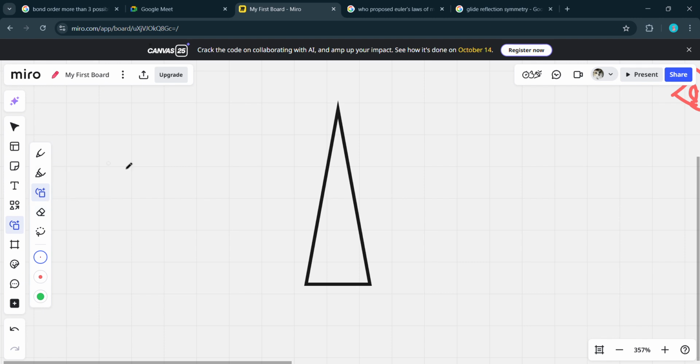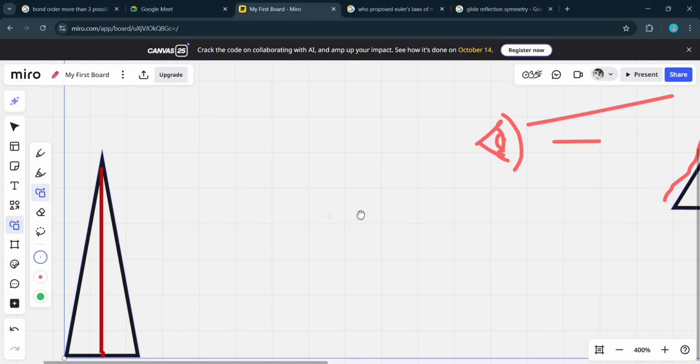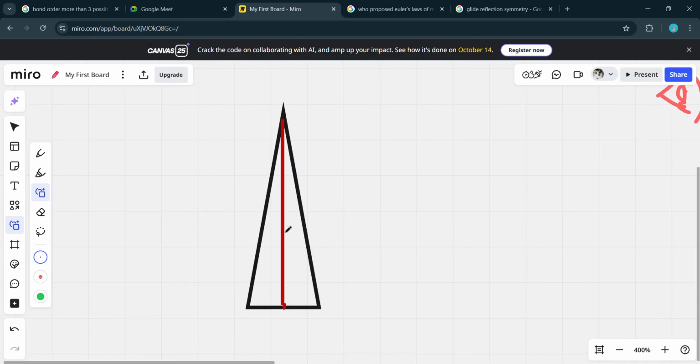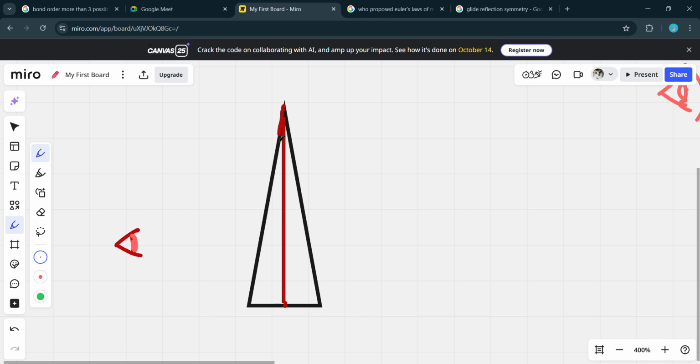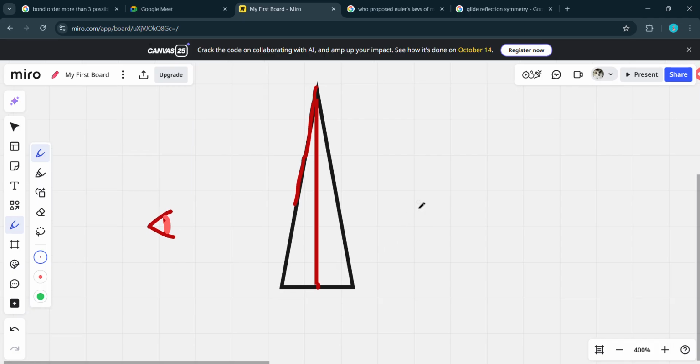Now if I draw a line in this triangle, and you put a mirror through this line and see it from here, you will get the exact same thing as before, which means if you put a mirror here, you will get this result.